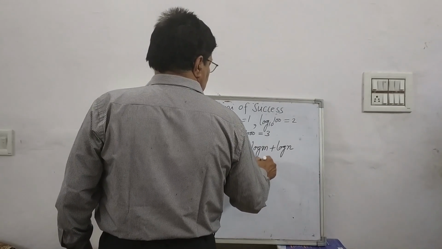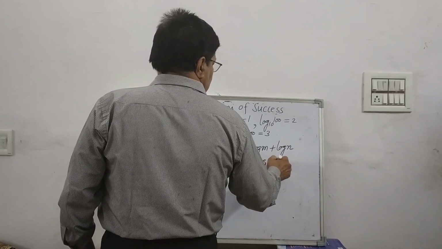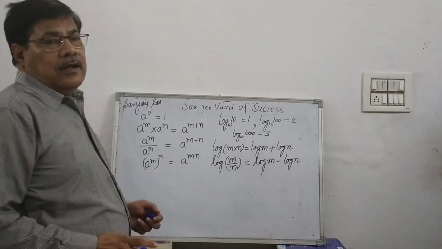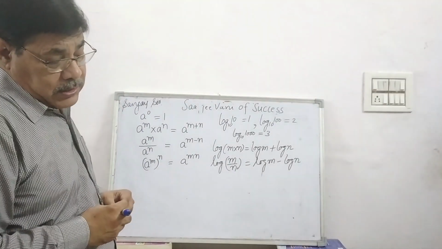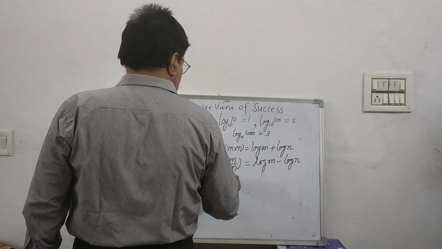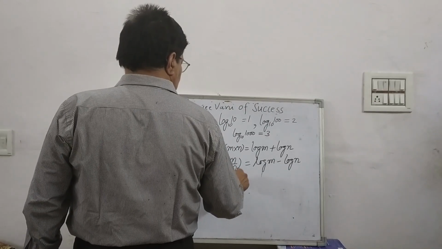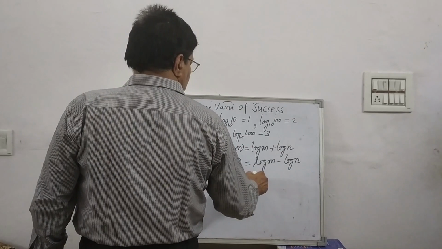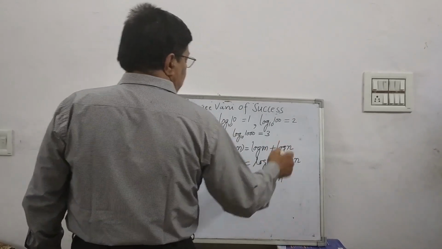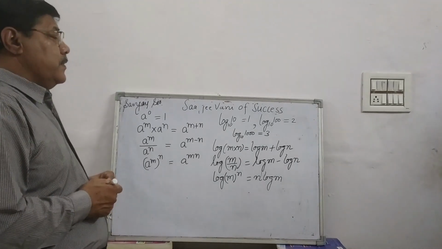What will be there? Log m minus log n. Clear? Okay. Next is log m to the power n. Then what will be there? n log m. These are the expansion of log.